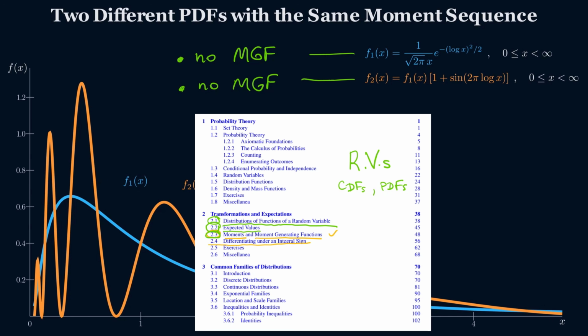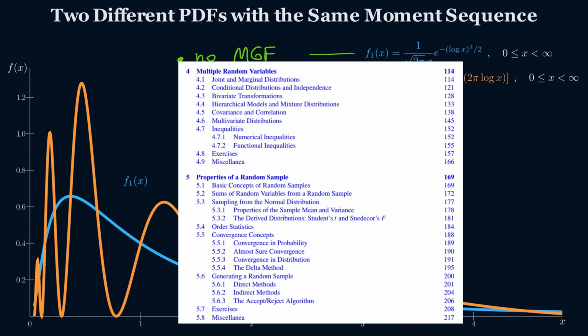In the next chapter, we'll cover the common families of distributions. You can think of this as the Hollywood of probability theory. These are the families of distributions that are most often used, and we will motivate each. And it won't be long after that we'll get to chapter 4, and we'll cover multiple random variables.